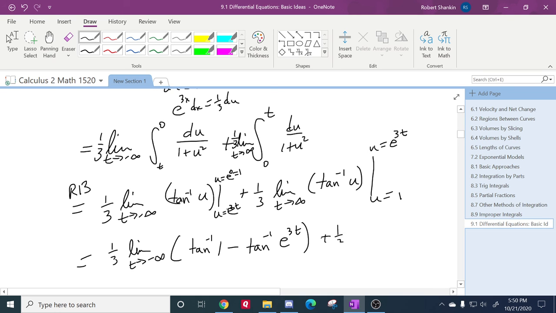plus 1/3, substitute these in, inverse tangent of e to the 3t minus inverse tangent of 1. Now, make sure your calculator's in radian mode, and you can punch in inverse tangent of 1.